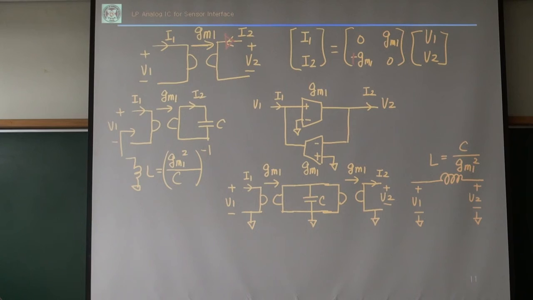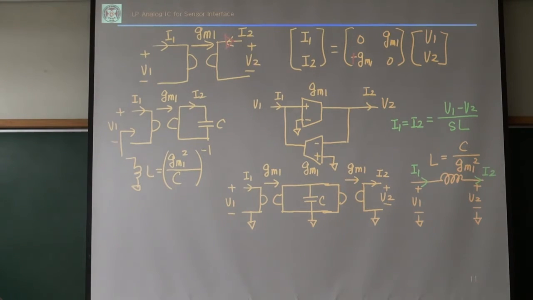So I need to calculate I1, I2. I1, I2 should be the same, right? So in this right-hand side model, I1 must be the same as I2, and it must satisfy this equation, right?